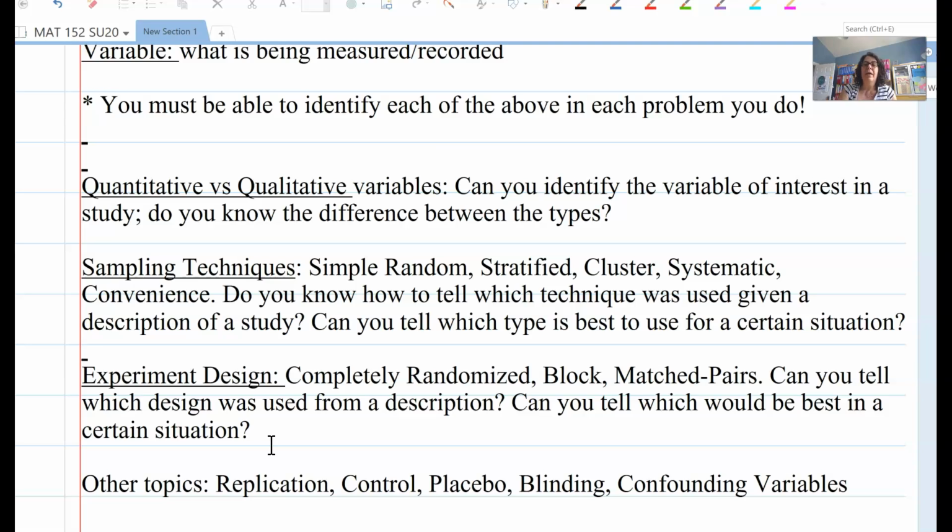That could be simple random sampling, stratified sampling, or cluster sampling. Stratified and cluster, usually we mix those up. Stratified is homogeneous. Cluster, you divide them into parts.